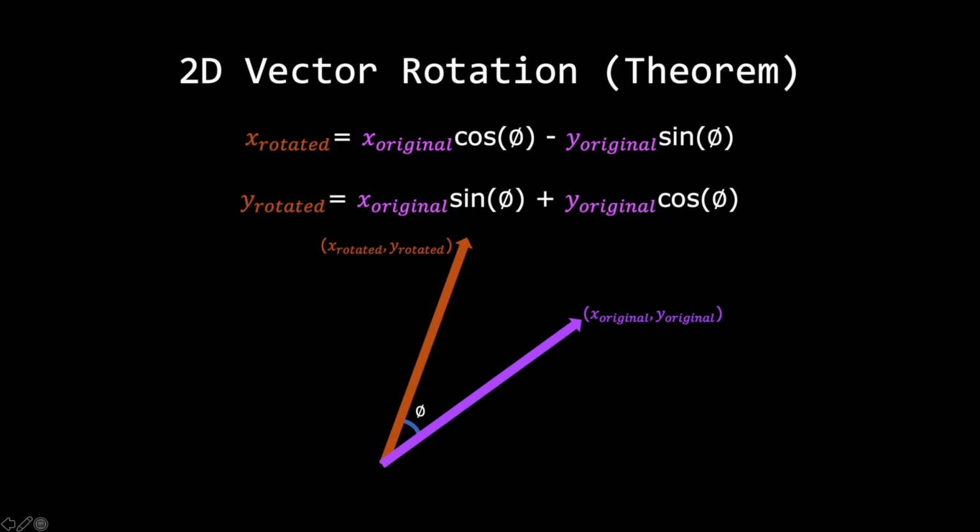So our new rotated value on the x-axis will equal x original multiplied by cosine theta minus y original multiplied by sine theta, and our new y value will be x original multiplied by sine theta plus y original multiplied by cosine theta. And that is how we are able to change, or in this case, rotate our original vector value to a new rotated vector value, keeping its magnitude.